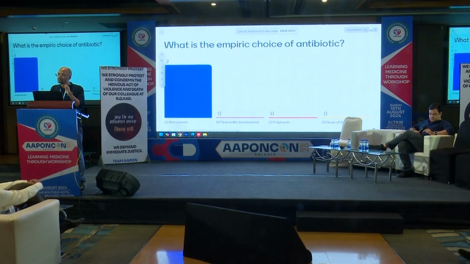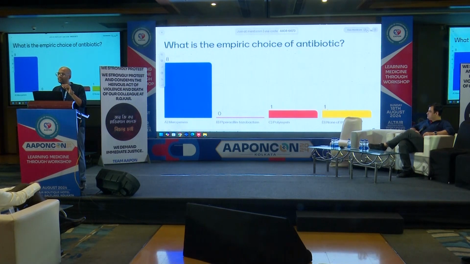Now this is where the choice of the antibiotic will depend very highly on where you are working, what is your hospital antibiogram. And ventilator associated pneumonia or hospital acquired pneumonia are very difficult to manage, and I will try to give an answer, but the answer is not very simple or clear.